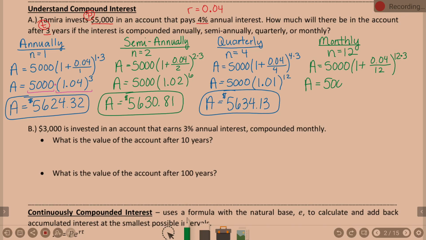Okay, as I clean this one up, I know I'm at 5,000. 0.04 divided by 12 is what? This one you're going to have to use the calculator for. 0.04 divided by 12, and then add 1.